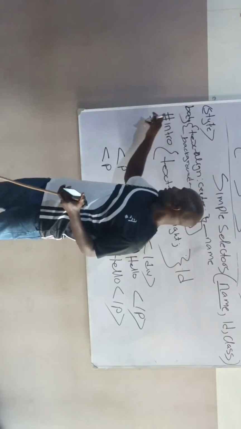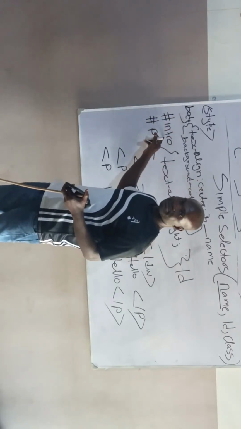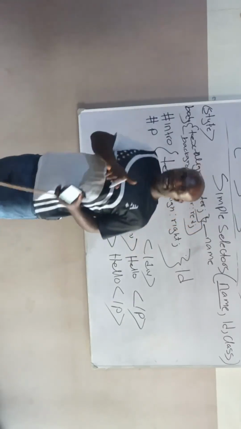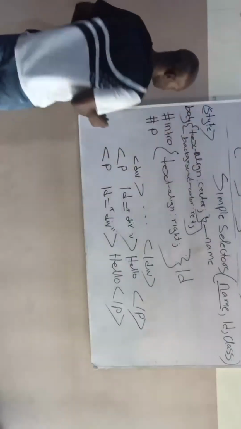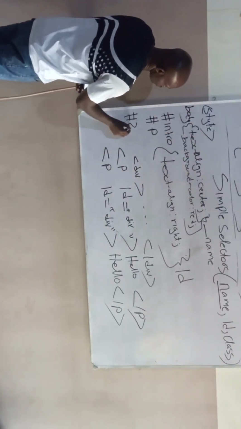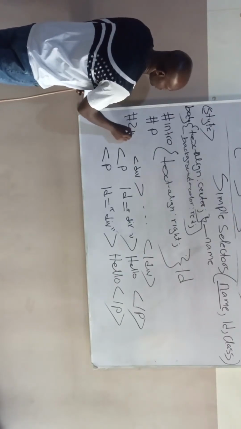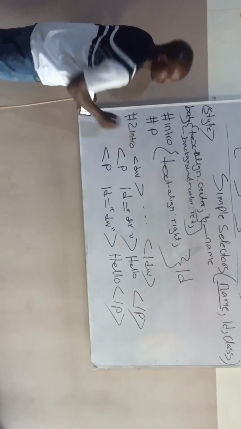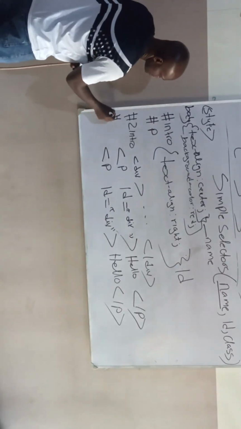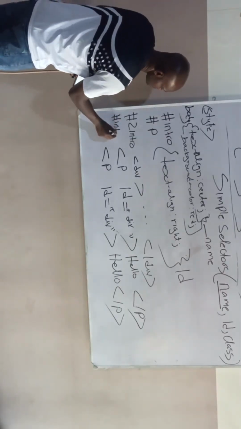This one must be an ID. You cannot name your element like this. For example, this intro, I cannot do it like this: intro 2 hash 2 intro. All wrong. But I can do hash intro 2.